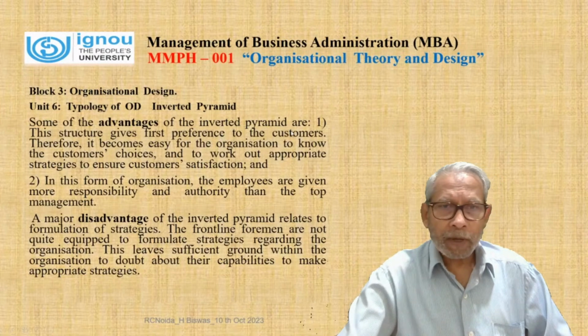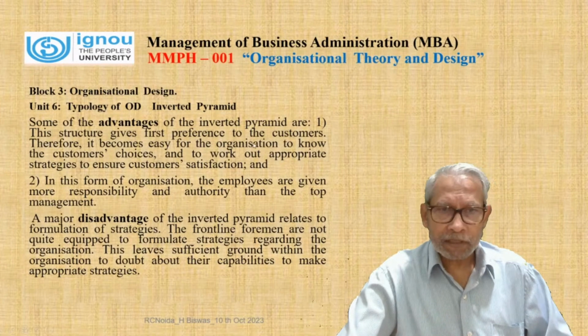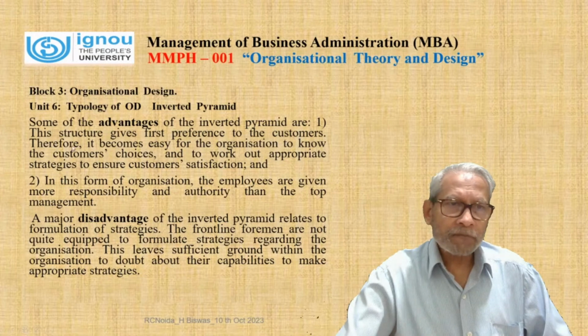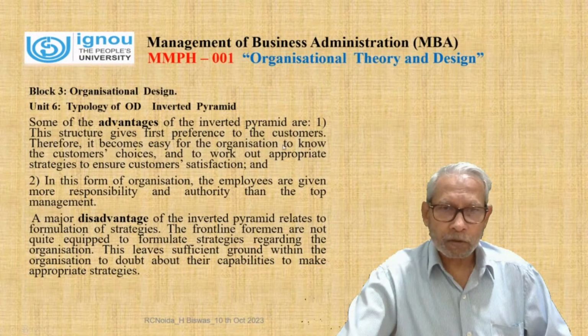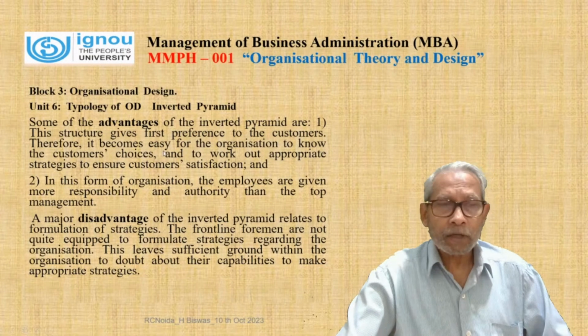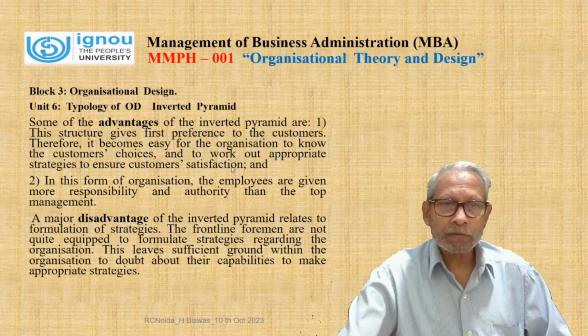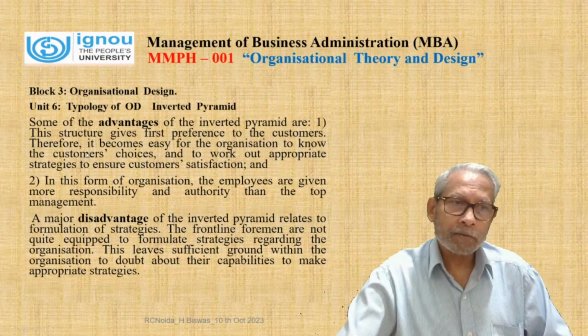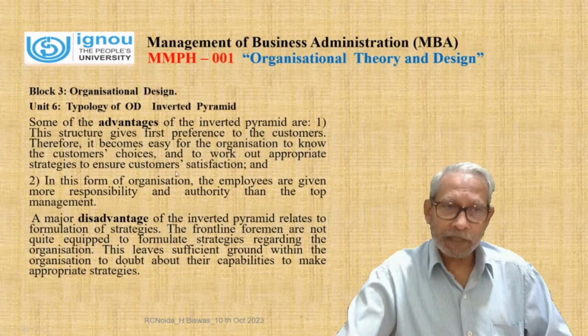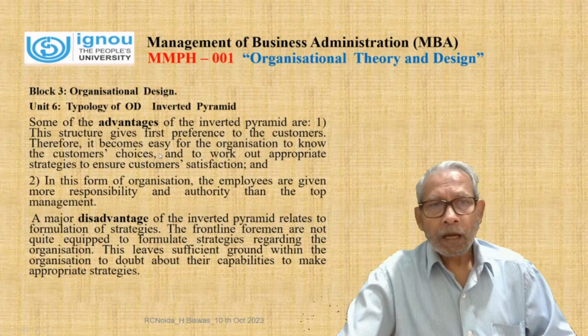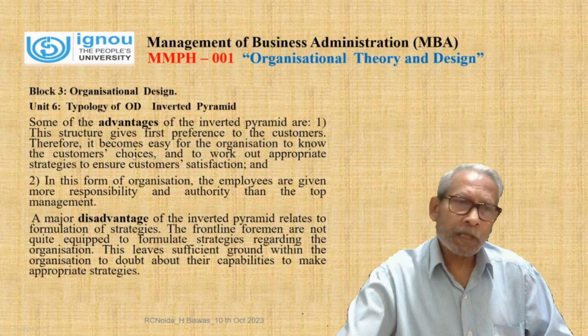Advantage: the inverted pyramid structure gives first preference to the customers. Therefore, it becomes easy for the organization to know the customer's choice and work out the appropriate strategies to ensure customer satisfaction, because the frontliners are interacting with the customers. They can better understand what problem is going on with the customers. So if they solve it, they can give 100%.